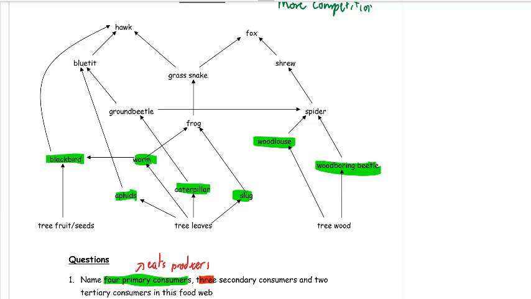3 secondary consumers, so they eat the primary consumers. So in this case, we've got producer, primary, secondary. We've got producer, primary, secondary, producer, primary. Ooh, so the blackbird's at 2 here. Interesting.